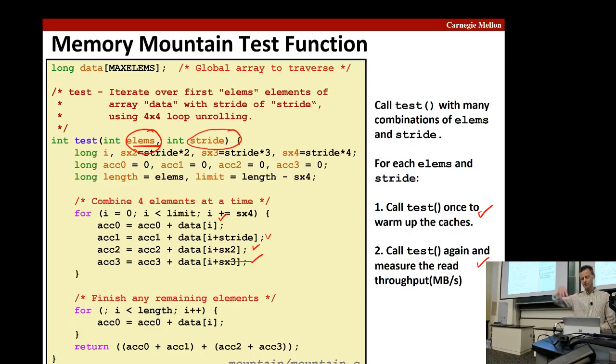So that gets you 4 consecutive accesses according to whatever integer you set for stride. If the stride is 1, this just gets you i plus 1, i plus 2, i plus 3. But if the stride is 4, this gets you i plus 4, i plus 8, i plus 12. And you do that until you're done. If there's some rounding error in terms of things dividing evenly, there's this last little bit, but most of the throughput overwhelmingly is from the main loop, and then you return the sum of those 4 accumulations.